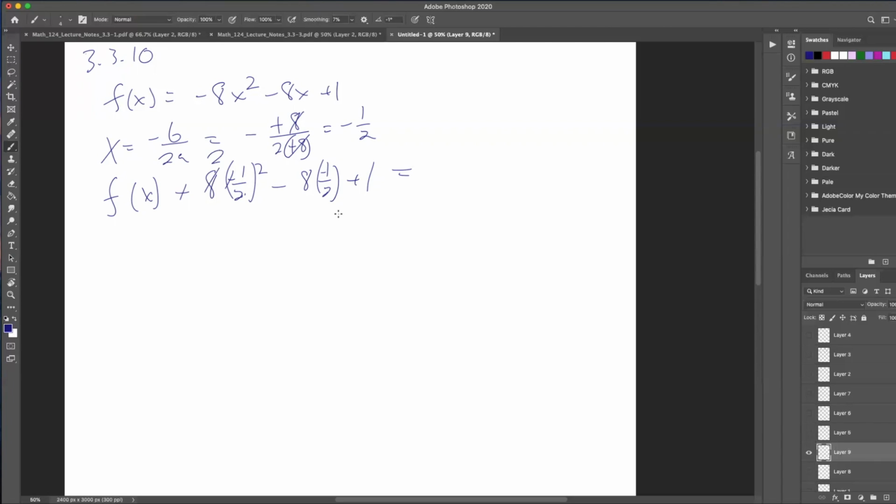Make sure I'm doing this right. Oh, hold on. This becomes positive, so I have minus. So this becomes minus 2, because a positive fourth times a negative eighth will give me minus 2. Here I get plus 4, because this will be minus minus, so it would be plus 4, plus 1.